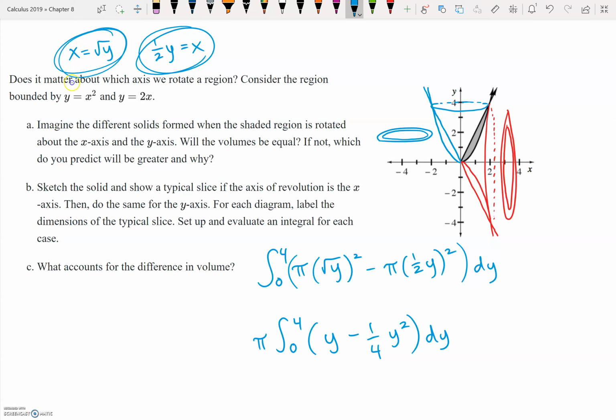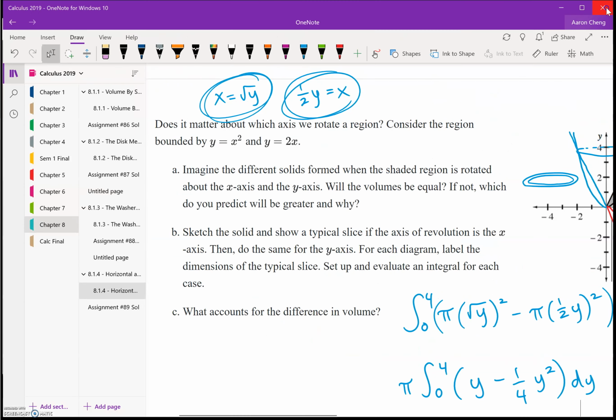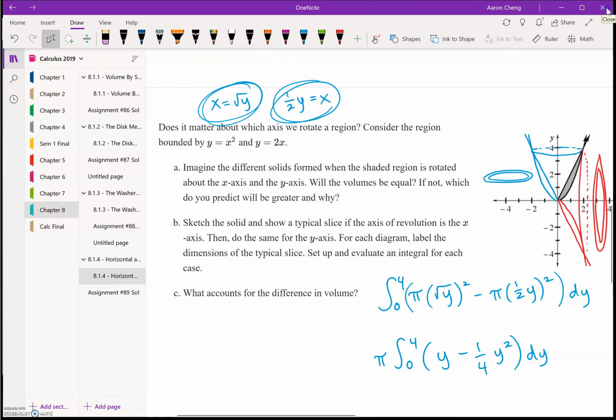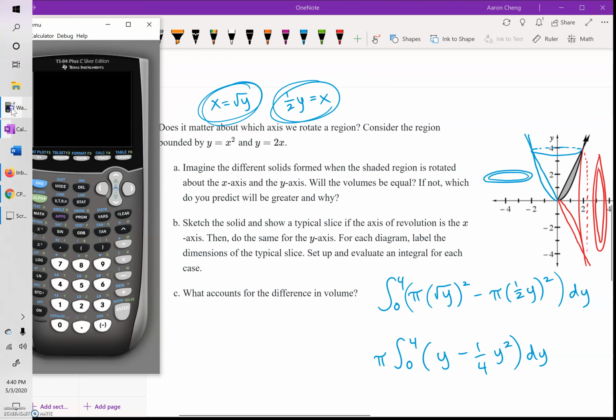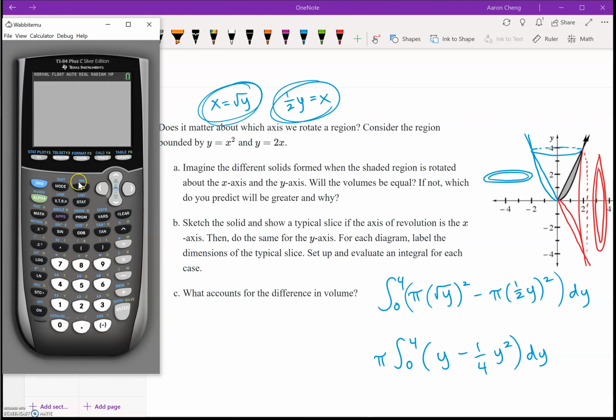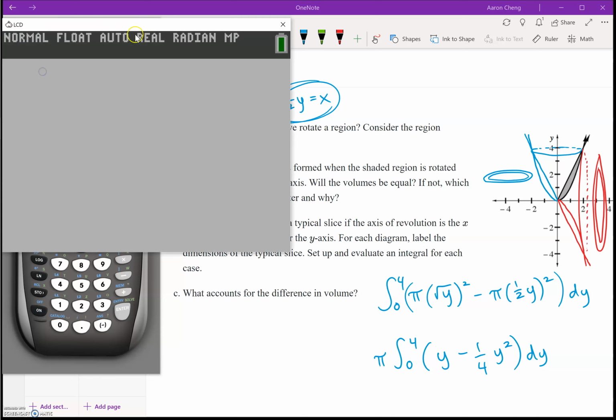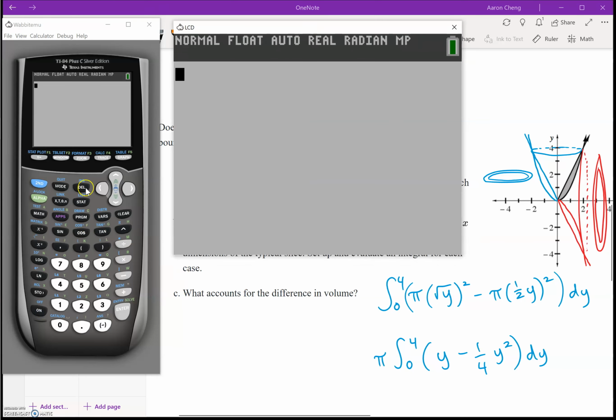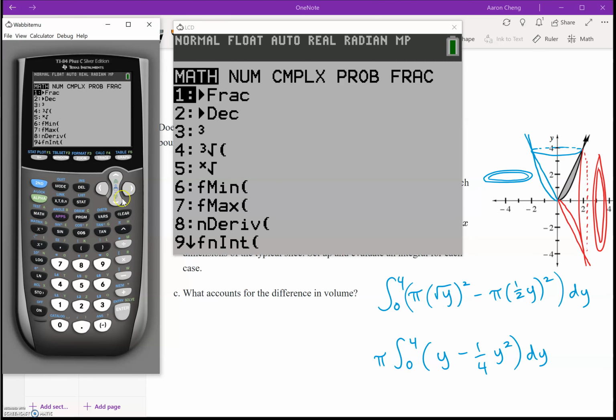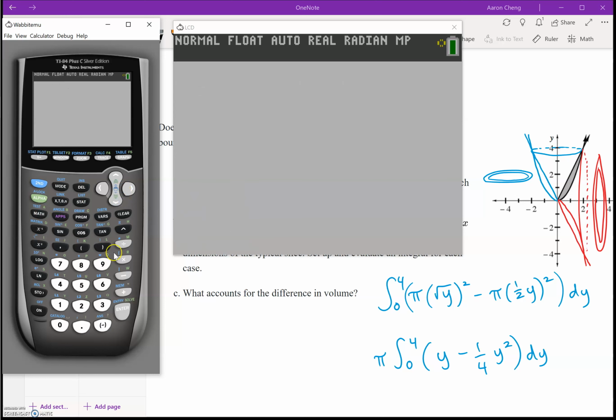So I'm going to evaluate this. I'm going to show you, just as a reminder, how you can type this in your calculator, and then I'm going to have you do that on the red one. Just as a reminder of what we can type in here, we'll do pi, math 9.